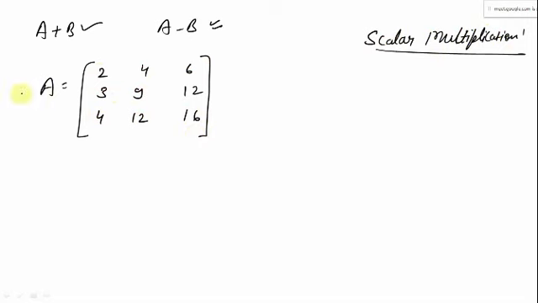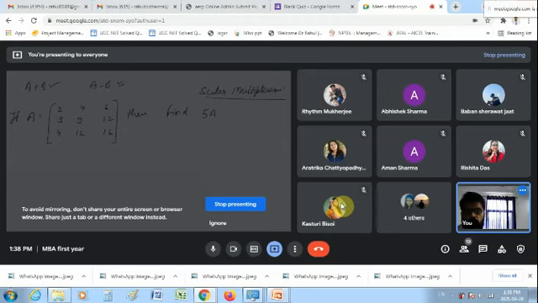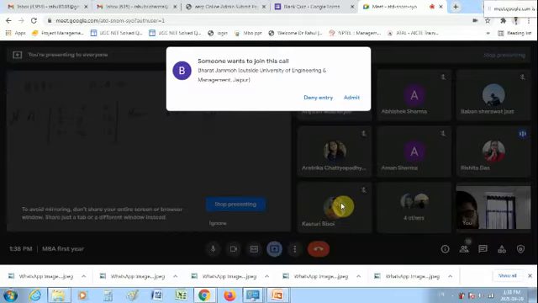If A is equal to this, then find 5A. Can we do it? Yes, sir. How? By multiplying each of the elements with 5.